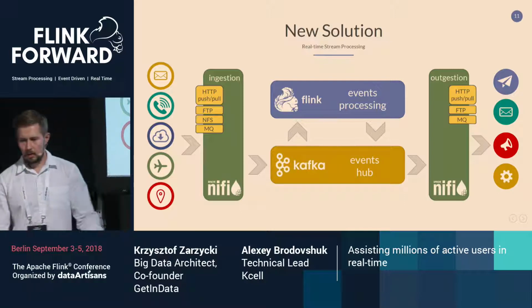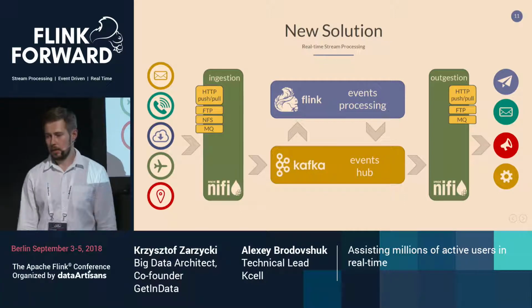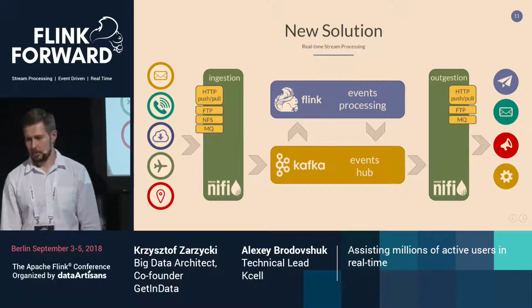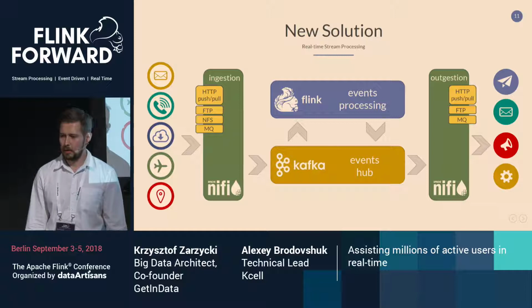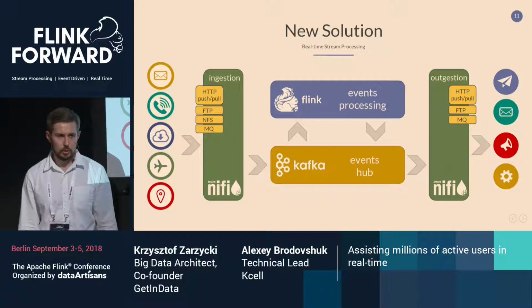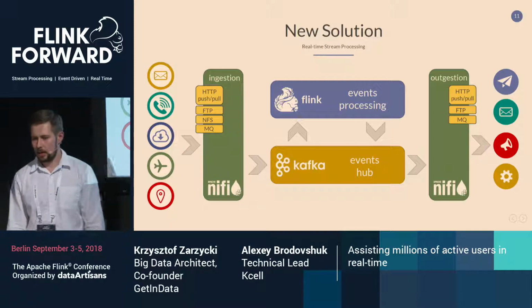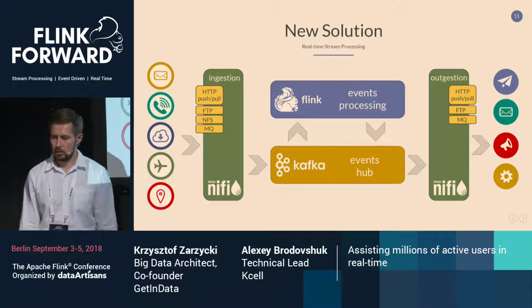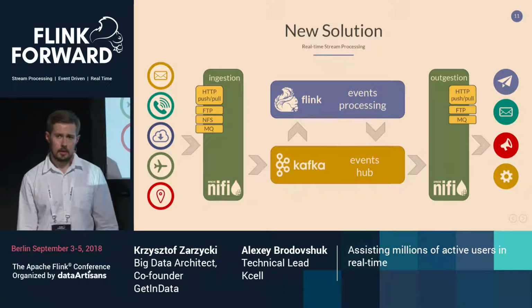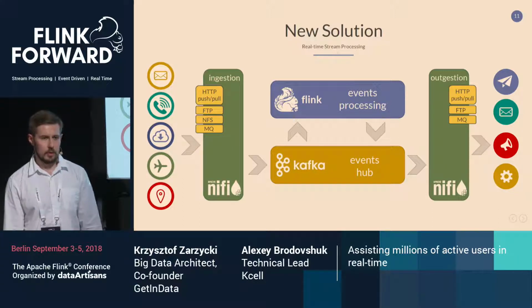So that's our choices. Some of them were easy choices. For example, Kafka. At that time, there were no competitors to that with such a load. We also chose NiFi for ingestion and outgestion, and that worked pretty well for us.